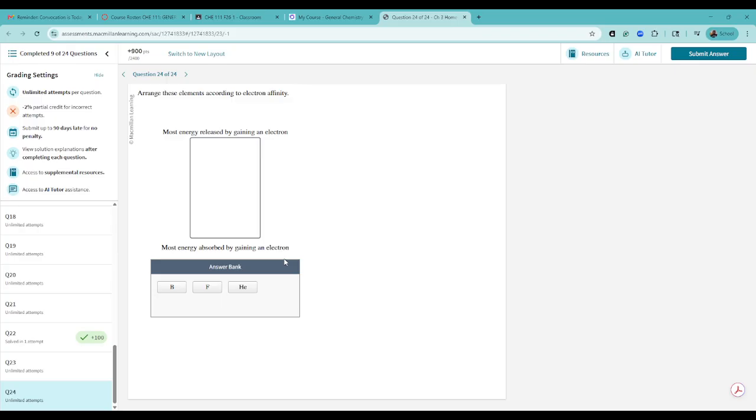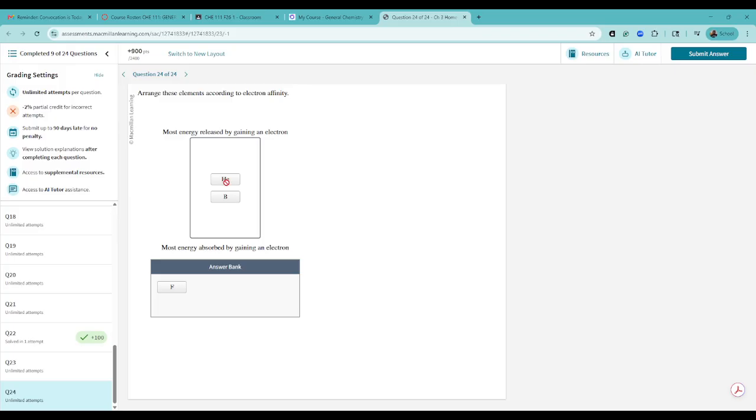There's plenty of exceptions, but generally speaking, if they don't need electrons, they have no good electron affinity. Technically helium is the furthest right and the furthest up. However, helium has 2 valence electrons. It doesn't need any more, so it's going to have the lowest. So boron is going to have higher electron affinity.